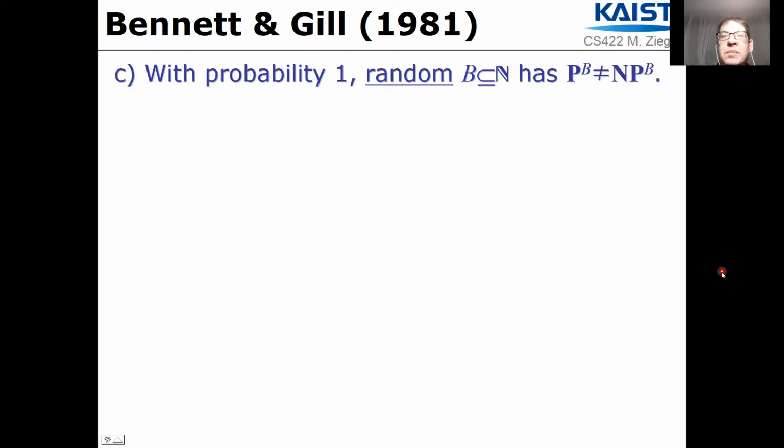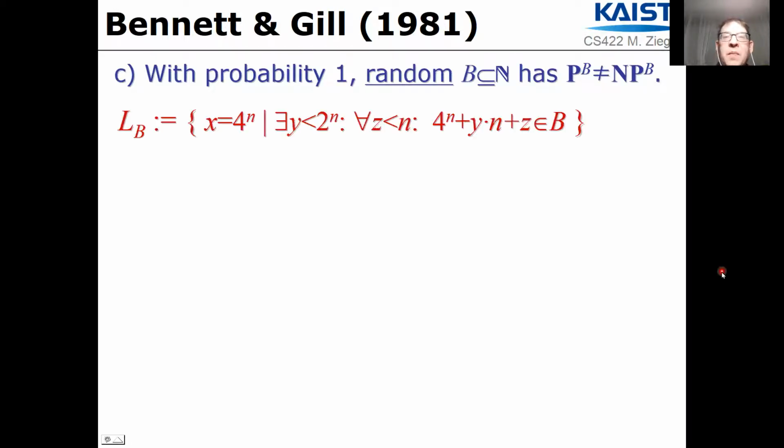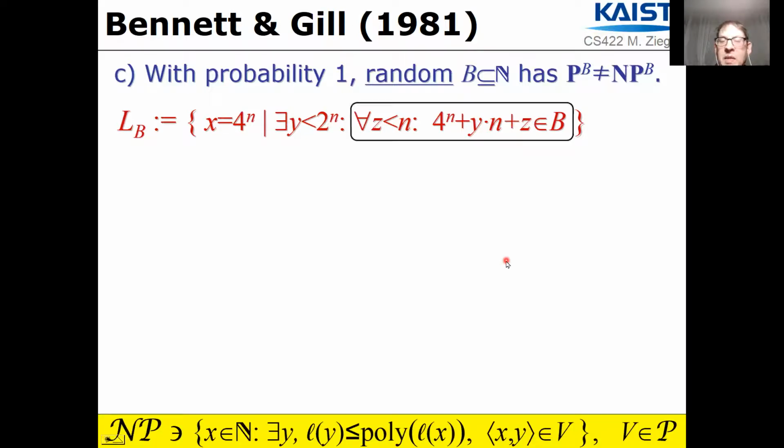So here's a statement that we're proving on this slide. And here's the decision problem that we're going to prove to be in NP with respect to oracle B, but provably not in P with oracle B. And this decision problem, of course, depends on the oracle B. The first observation is that this can clearly be decided in NP with oracle B, because it's already formulated in this syntactical form with a witness.